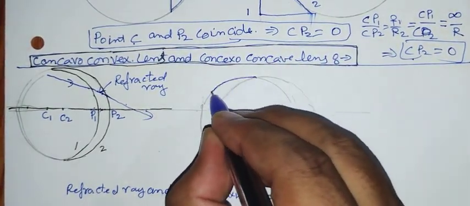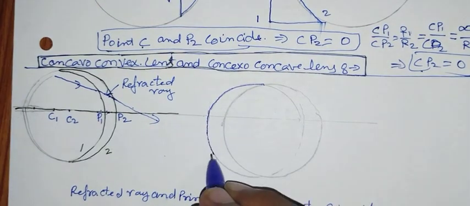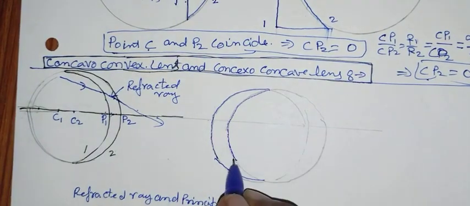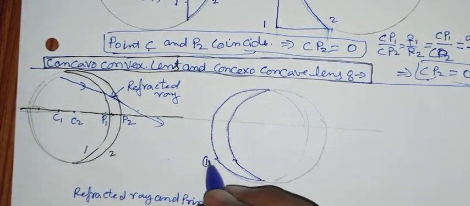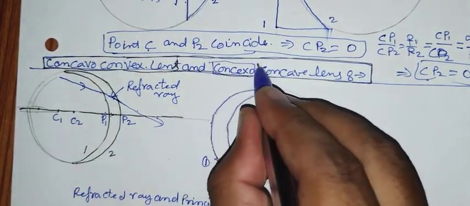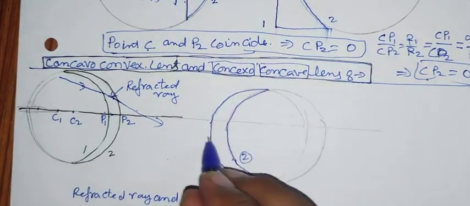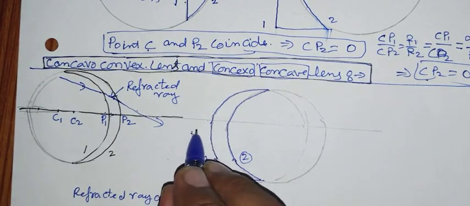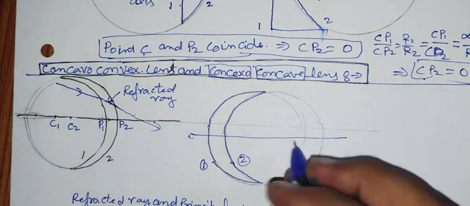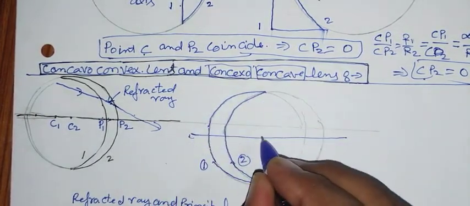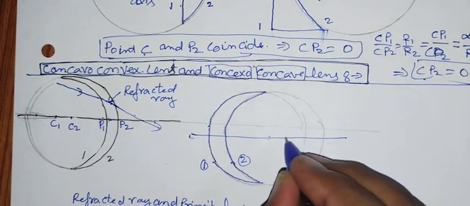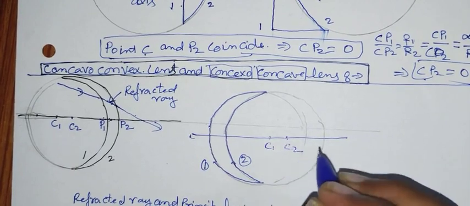Now let us see what happens in the case of the convexo-concave lens. First side convex, second side concave. Let us see the principal axis in this case. Here see the first center of curvature C1 and second C2.